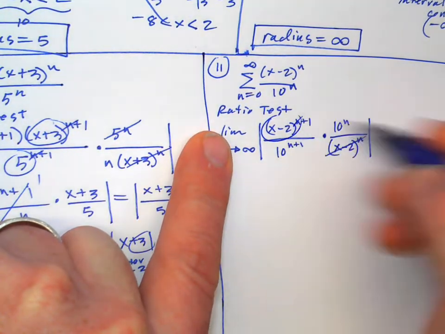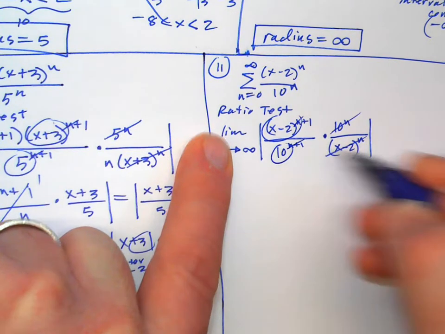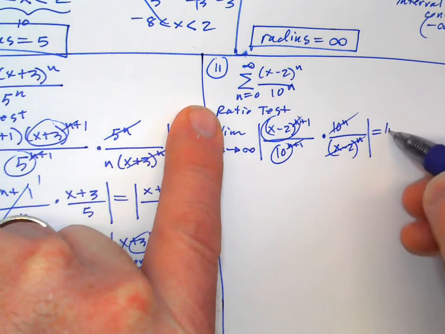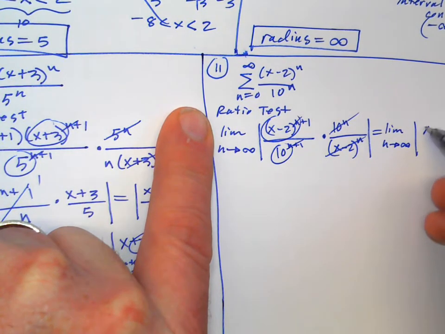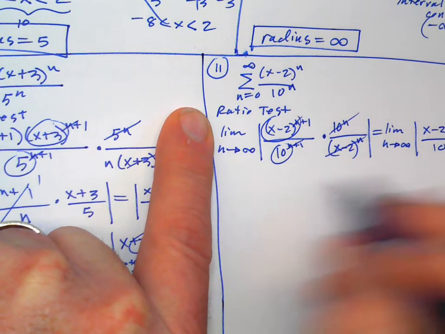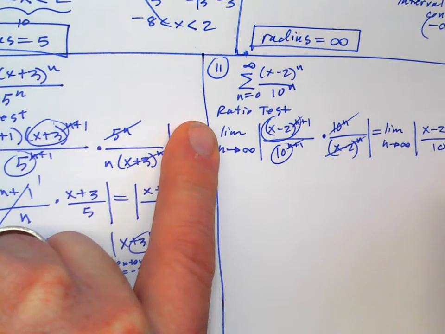Just reduce this. So we get limit as n goes to infinity of the absolute value of (x minus 2) over 10, which is actually, the n's are all gone. So it's just the absolute value of (x minus 2) over 10. Has to be less than 1.